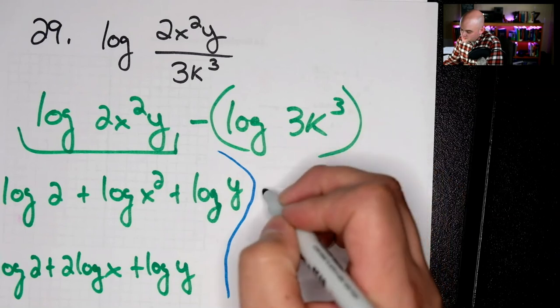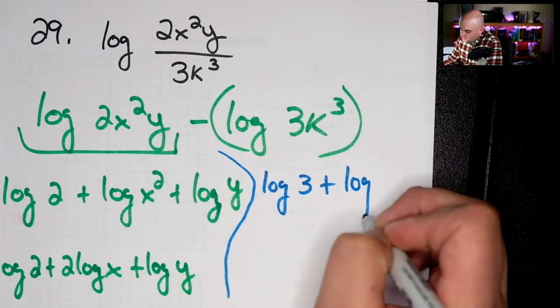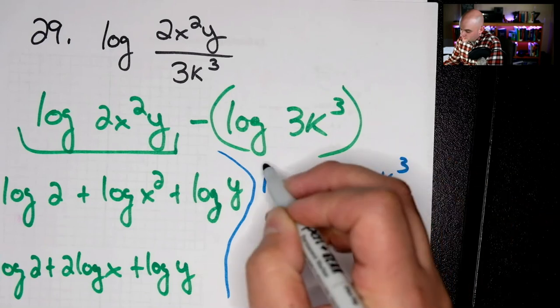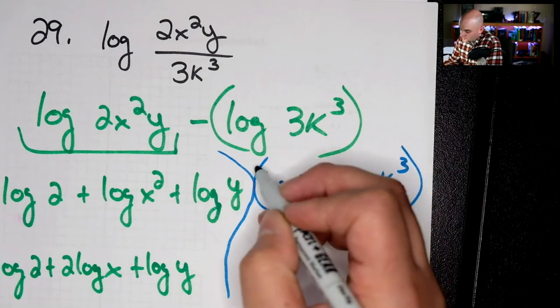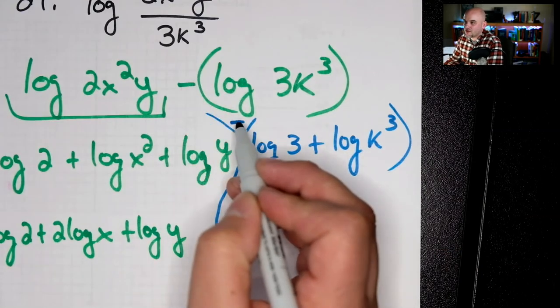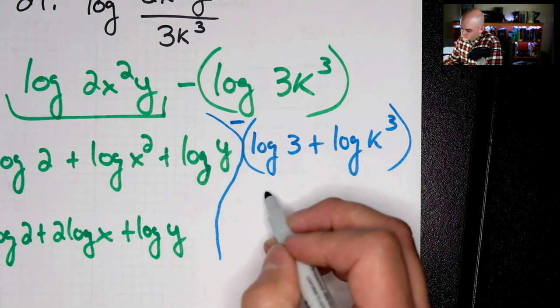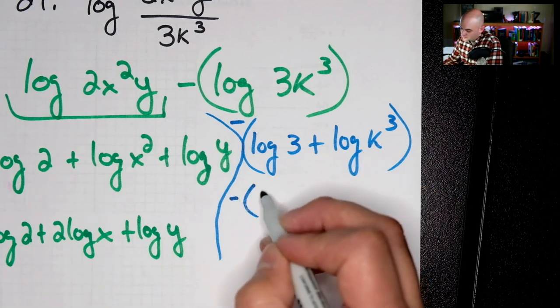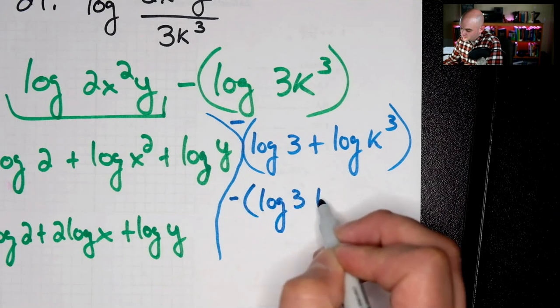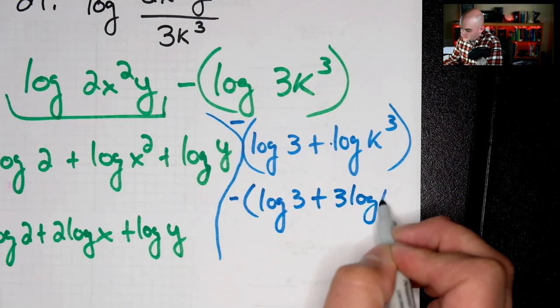So I'm going to split this up and say this is the log of 3 plus the log of k cubed. And don't forget, this is all in parentheses, and we get a minus sign out front there. And drew that line, I can't put it in there now, but there's a minus sign right there. And then I can expand this and say we've got the minus, let's see here, the log of 3 plus, move that 3 out front, 3 log k.